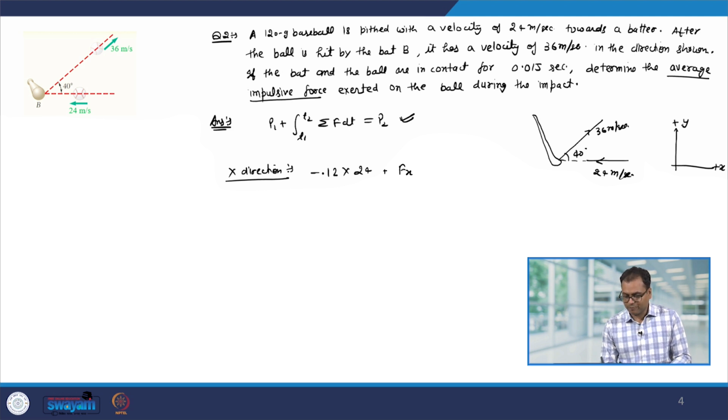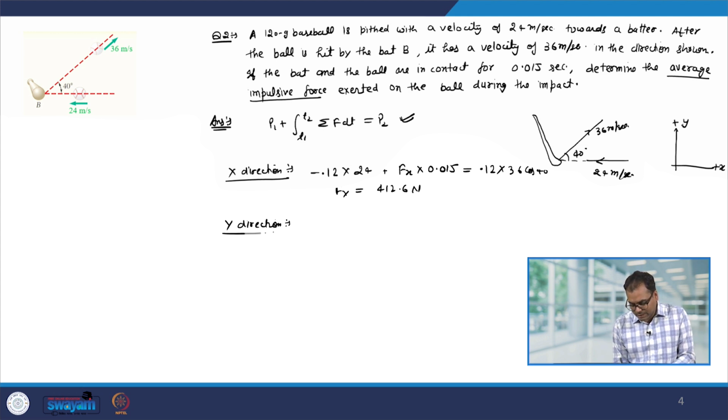So, force is Fx and dt is given. It is in contact for 0.015 second, equal to P2. P2 is mass times velocity. Now, the velocity in the x direction will be 36 cos 40 degree. So, from here I can find out Fx. It is 412.6 Newton.